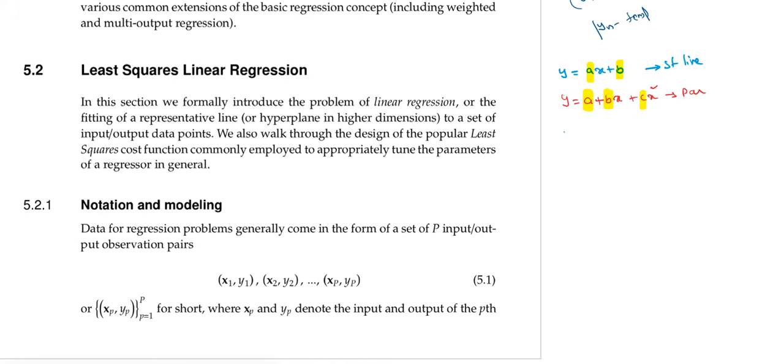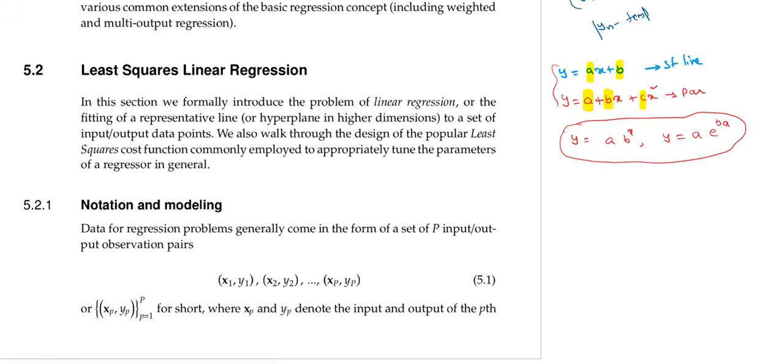Non-linear means here I may get y equals a times b power x, or y equals a times e power bx. So here it may not be linear. Non-linear regression means this, and linear regression means this, which you studied.